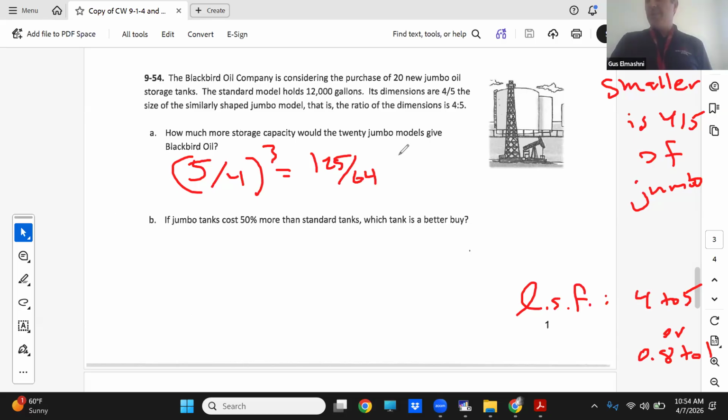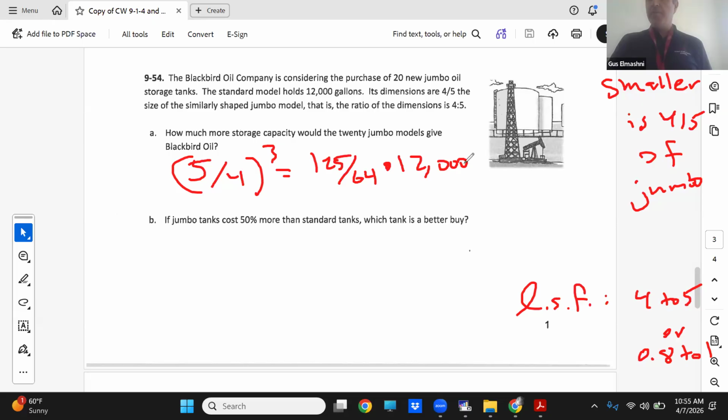Once you do that, what's the next thing you're gonna do? Multiply that by what? Well, 12,000, because that's the capacity of the smaller, right? So now this gives the capacity of one jumbo.